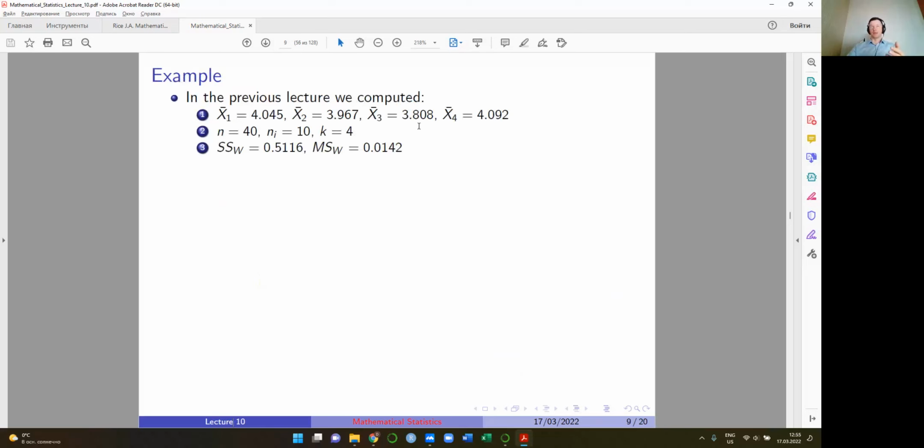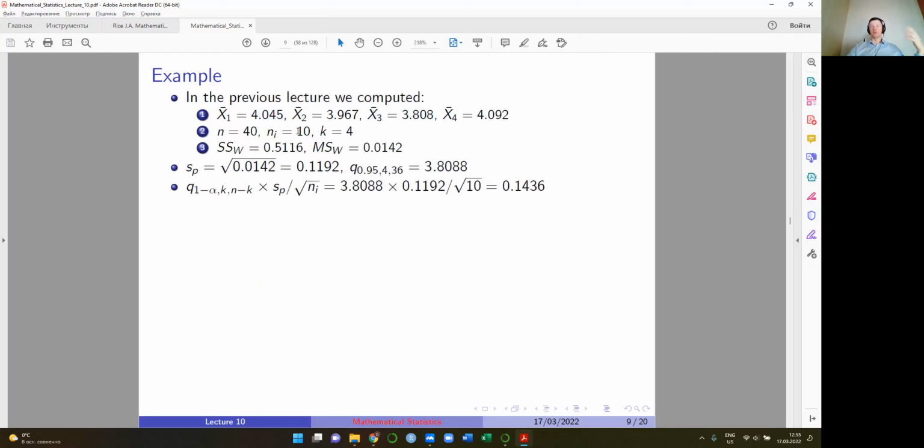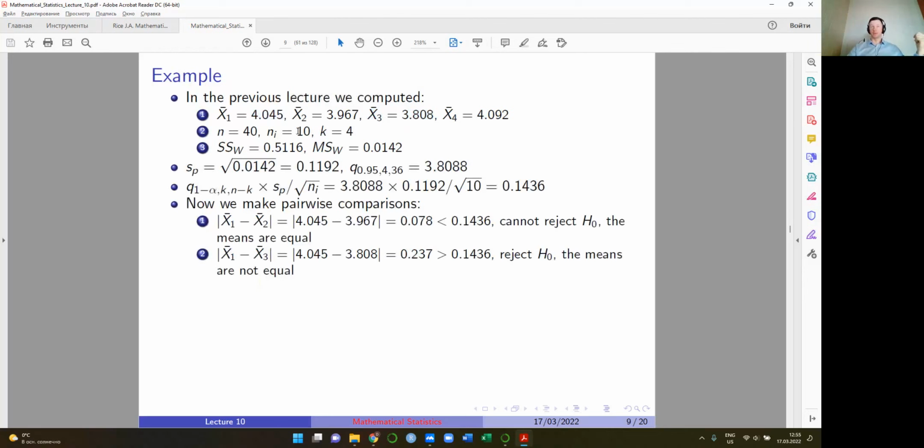And I doubt that if you have a sample average of 3.8 and a sample average of 0, the population mean of this can be greater than the population mean of this, right? So basically, once you reject the null hypothesis of mean equality, you can look at how these sample means are related to each other, and you conclude that the population mean of the first well is greater than the population mean of the second well.